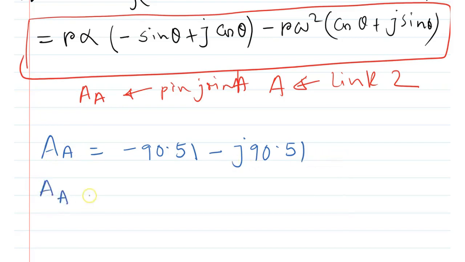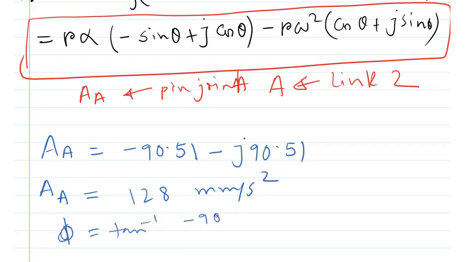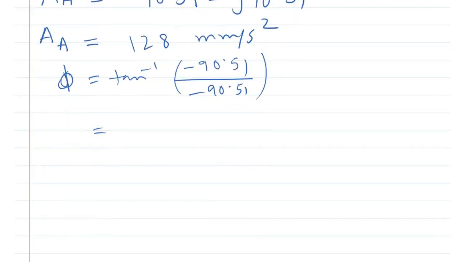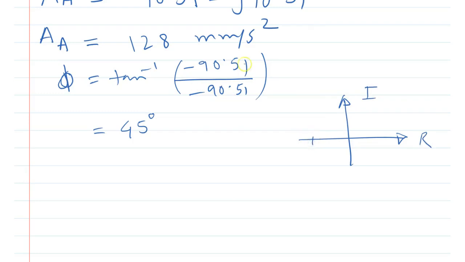The magnitude of this pin joint acceleration would be 128 millimeter per second squared. Once again, we need to calculate the angle, which is tan inverse of negative 90.51 divided by negative 90.51, and the calculated angle is 45 degrees. Once again, we draw this diagram where the x-axis represents the real number and the y-axis represents the imaginary number. This time our real part is negative as well as our imaginary part is negative.